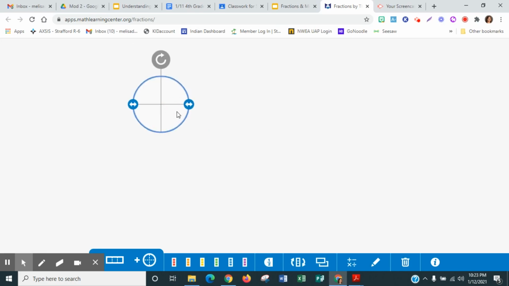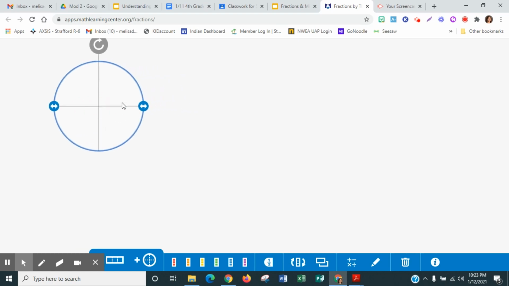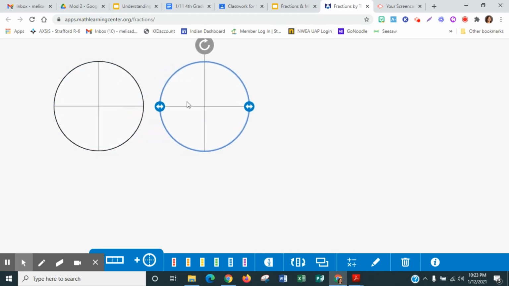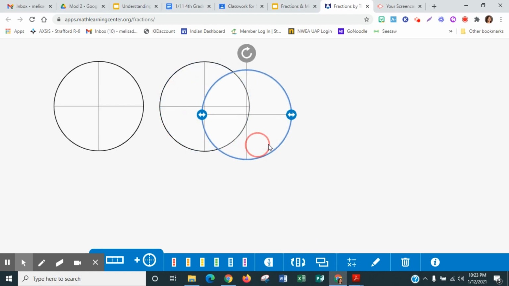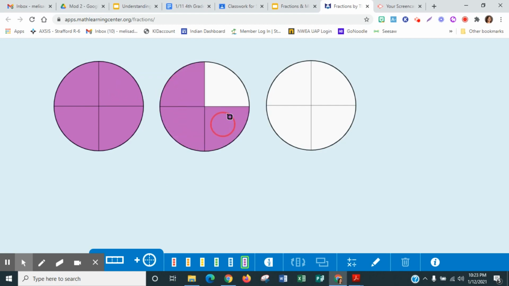Now, with 4 parts, I've got 1, 2, 3, 4, but I need 9 of them total. So there's 4, 5, 6, 7, 8. Remember, I need 9. So this gives me 9, 10, 11, 12. So I'm only going to fill in 9 of them, though. 1, 2, 3, 4, 5, 6, 7, 8, 9.